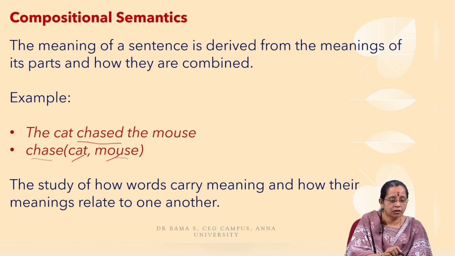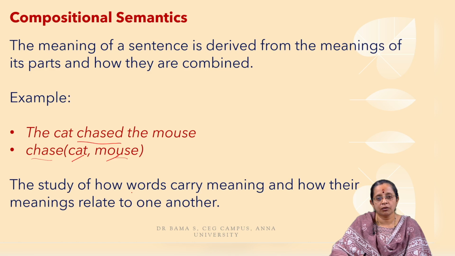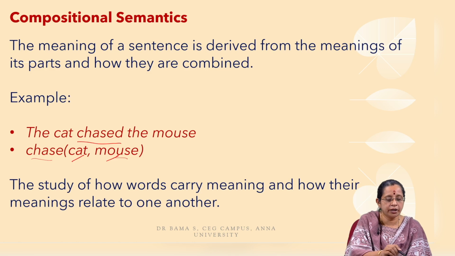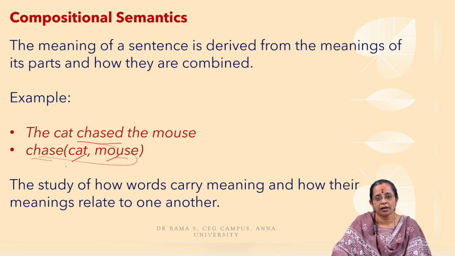So this composition, the study of how words carry meaning and how they relate with each other, forms compositional semantics, and one way in which we represent this I will give in the next slide.